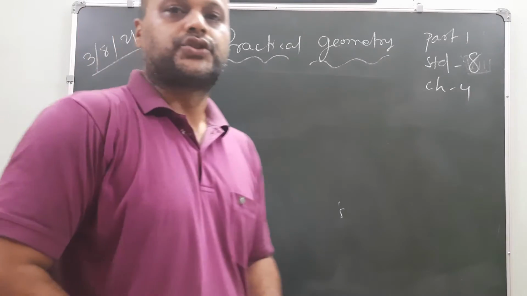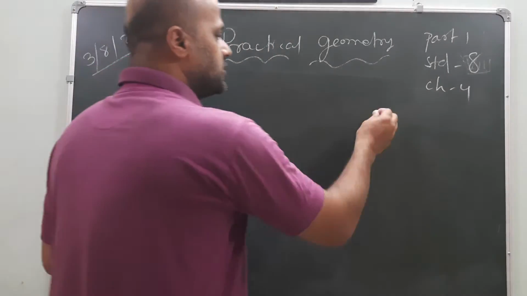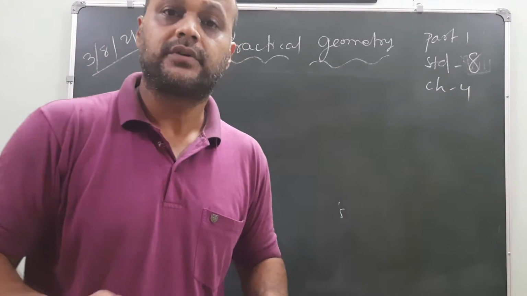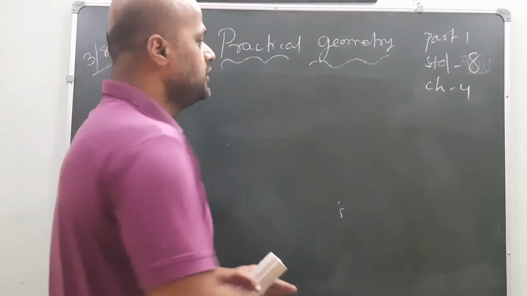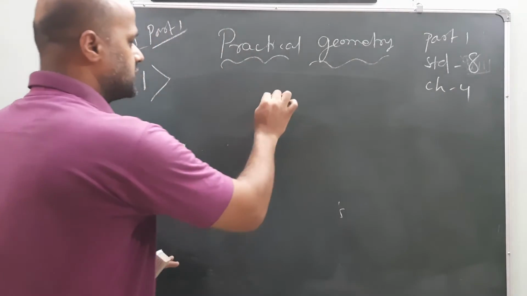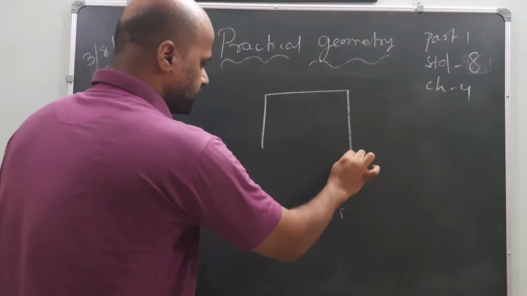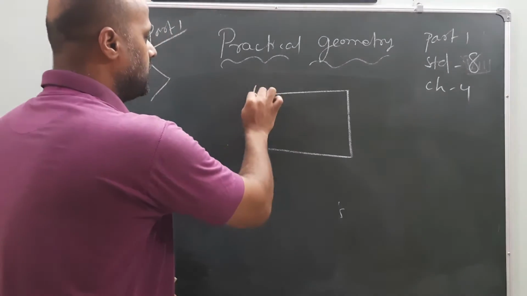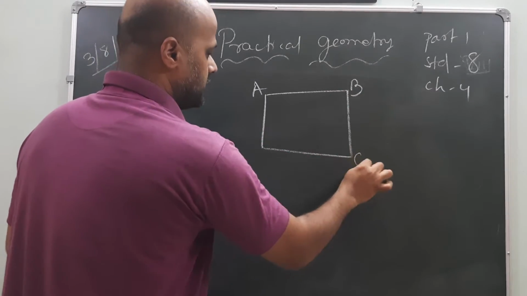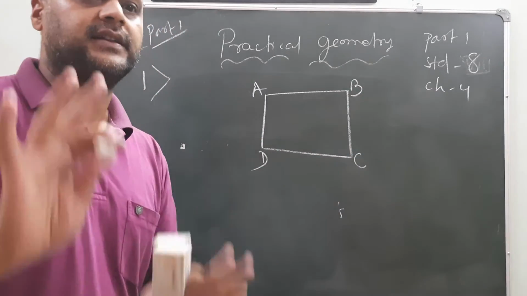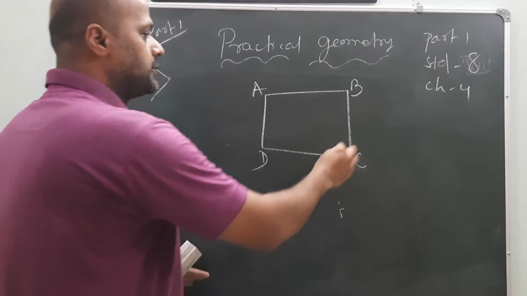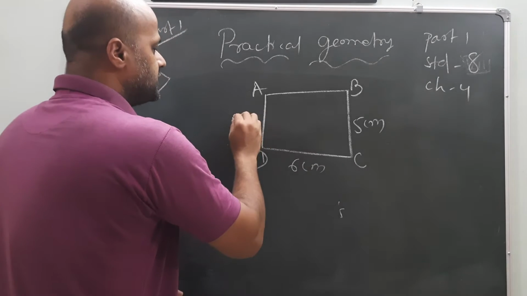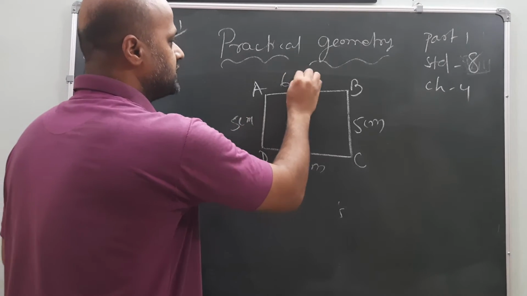A quadrilateral may be a square, rectangle, trapezium or rhombus. In the simplest case, suppose a quadrilateral ABCD has 4 sides given. How will I draw it? Suppose this is 5 centimeter, this is 6 centimeter, this is 5 centimeter, and this is 6 centimeter.